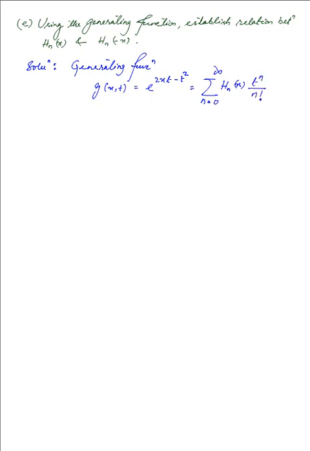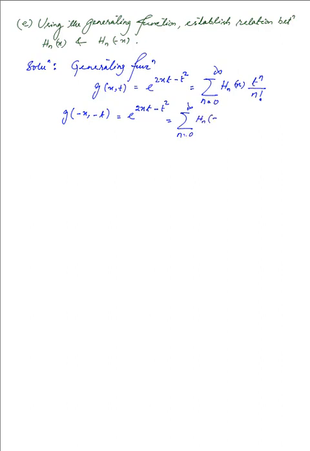Now from this, if we take g of minus x and minus t, we simply end up as e to the power 2xt, that remains as such, and so does the t squared term, because the negative signs are going to get multiplied to one another and they are going to be positive. And as for the summation term, we have n going from 0 to infinity, and in that we have hn.